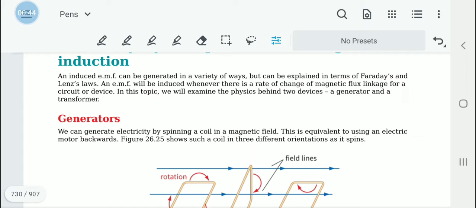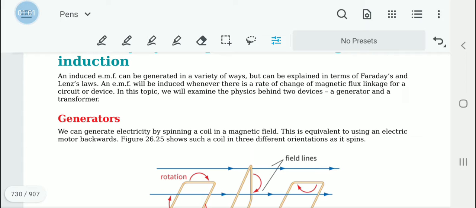So remember these as nouns rather than trying to understand the whole lot of it. Whenever there is a rate of change of magnetic flux linkage for a circuit or a device, there is an induced EMF.